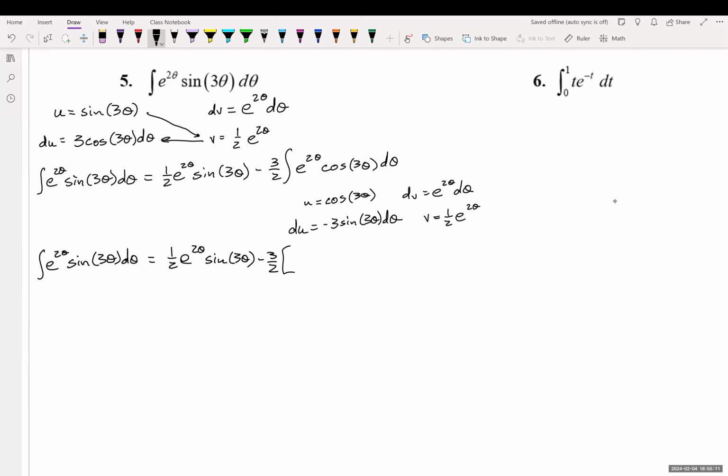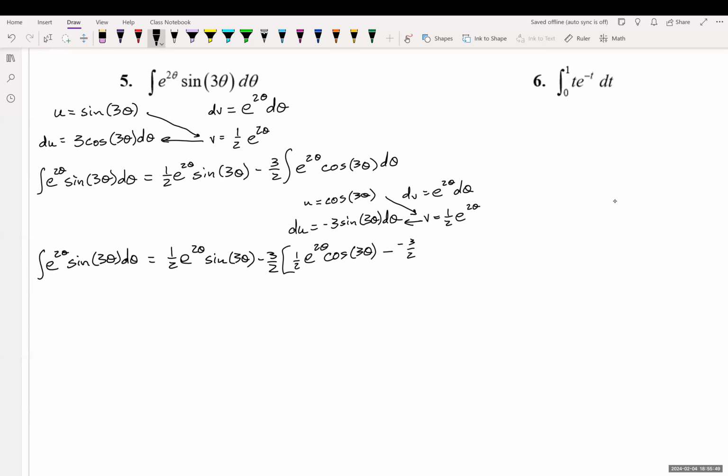And so we're going to multiply diagonally here, which is going to give us 1/2 e to the 2 theta cosine of 3 theta minus the integral we get when we multiply there, the integrand, I should say. So first off, notice that we're going to be multiplying this half and that -3, right? So we can rewrite that as a -3/2.